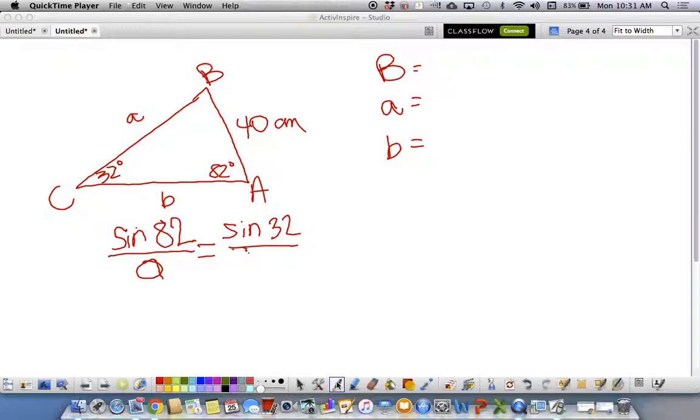And then you can just tell me A equals, because you cross multiply and then divide by sine 32.